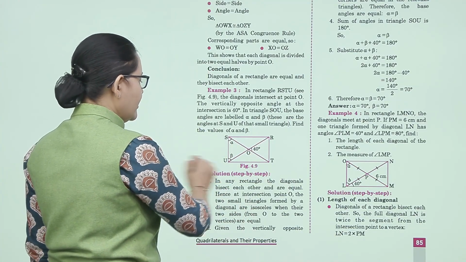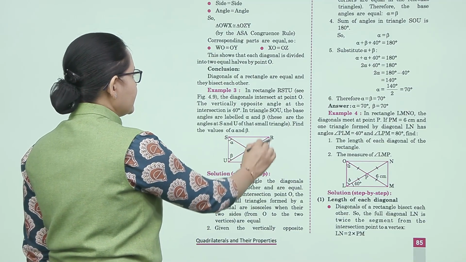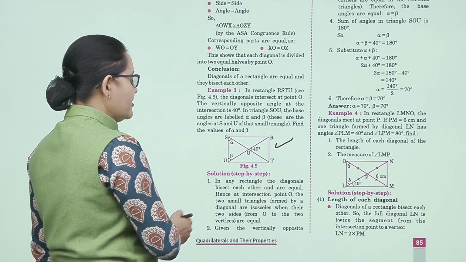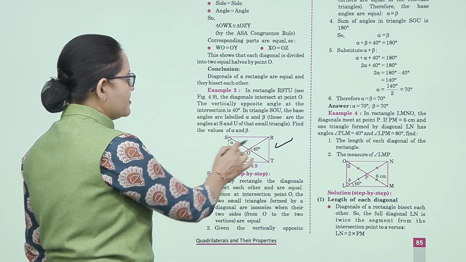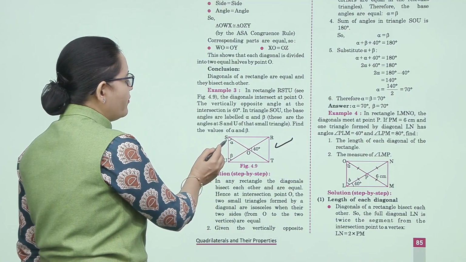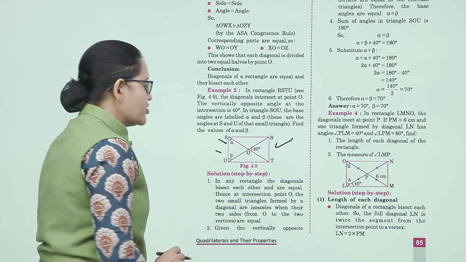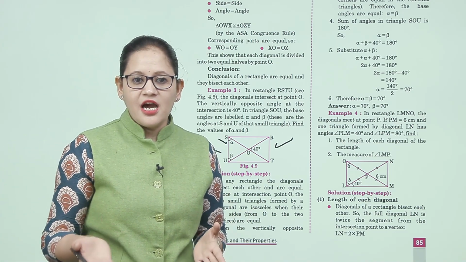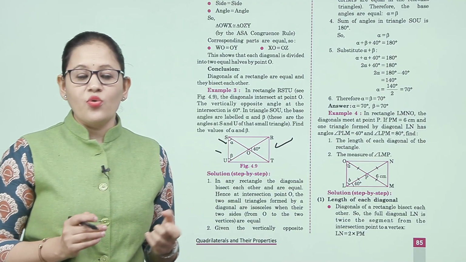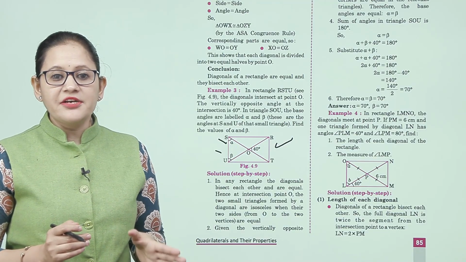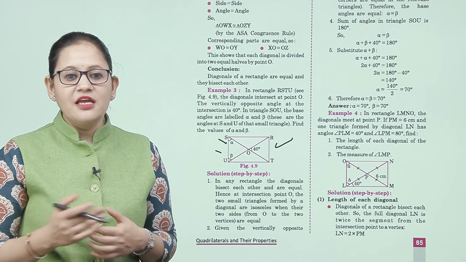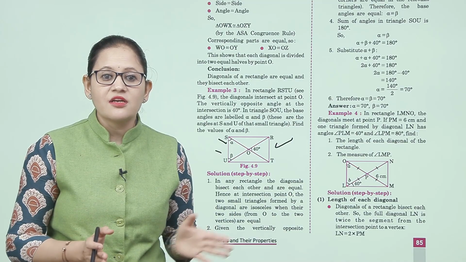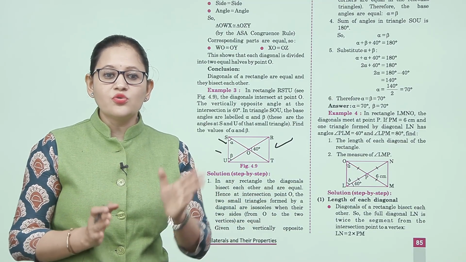So here you can see this is the rectangle RSTU. Diagonals are given and this angle is given to us as 40 degrees, and we have to find the values of alpha and beta. In any rectangle, we know the diagonals are equal and bisect each other at the intersecting point O. The two small triangles formed by the diagonals are isosceles, as the two sides from O to the two vertices are equal.